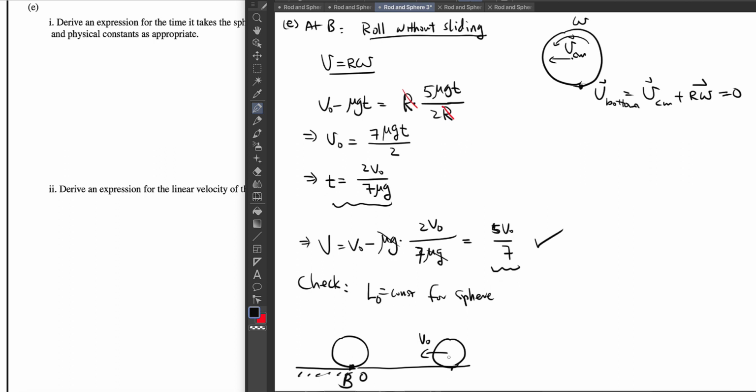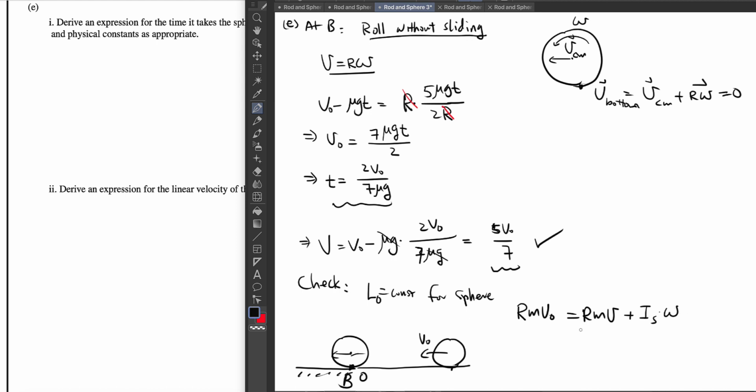Okay, so at the beginning, the initial momentum is r times m v naught. Now at the final position, the angular momentum comes from two contributions. The angular momentum of the center of mass, which is r m v, where v is the final velocity that we need to figure out, plus the sphere's rotation about the center of mass, that's I omega, right?